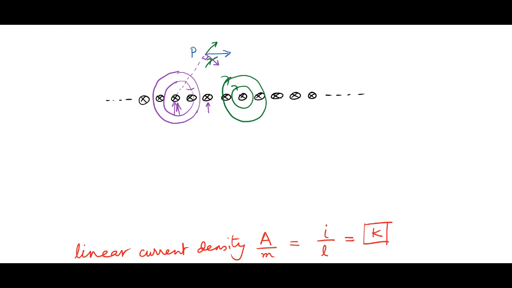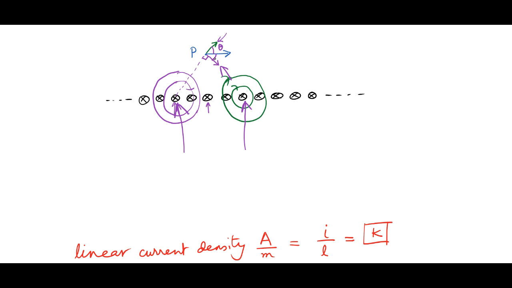And now I think it will be obvious to some of you. What we have done is we have drawn the field because of this current and the field because of symmetrically placed current, and these two fields, you see that by symmetry they are going to make equal angles.